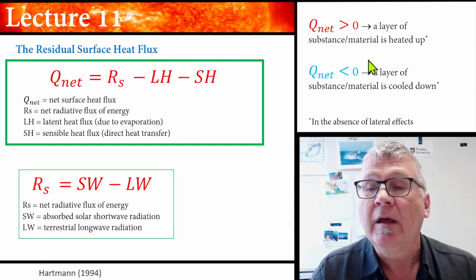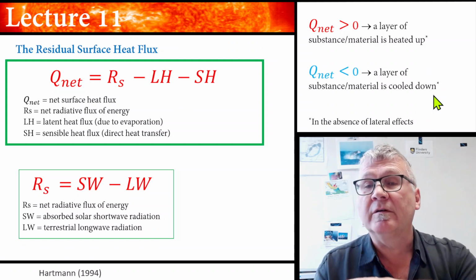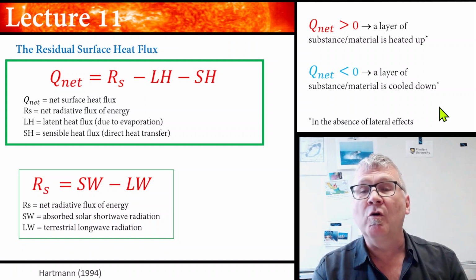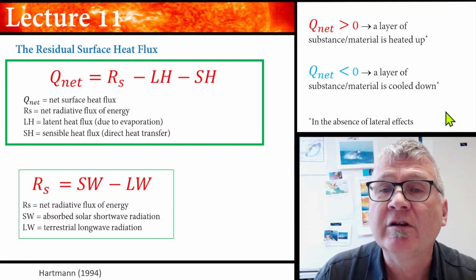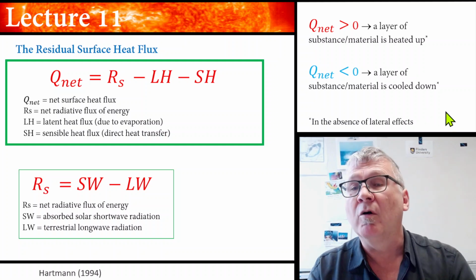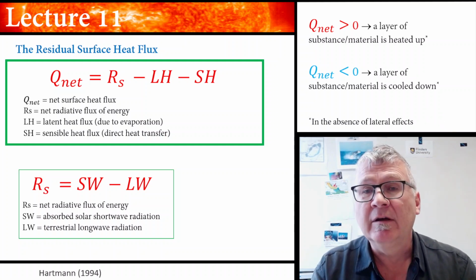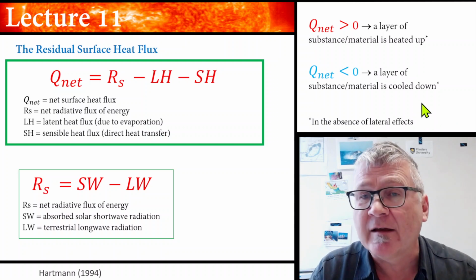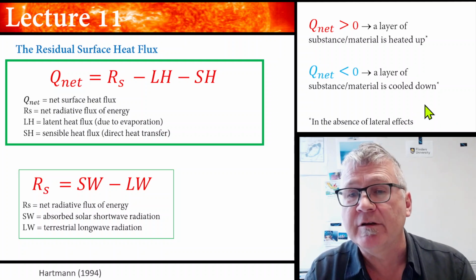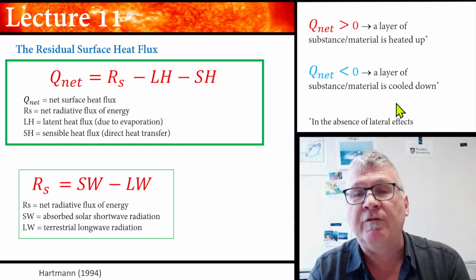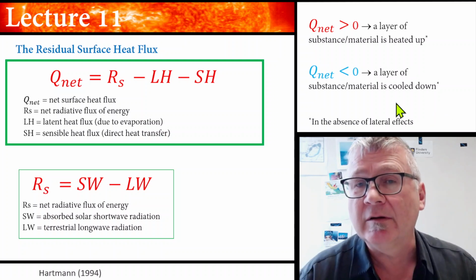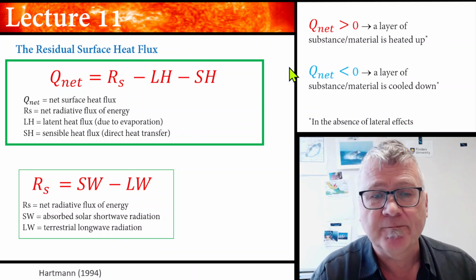Just as a note, if you think about the oceans, you can have compensating effects by horizontal currents that might compensate for a cooling effect by bringing warmer water into the region. So this discussion is only correct if you ignore effects by oceanic currents.